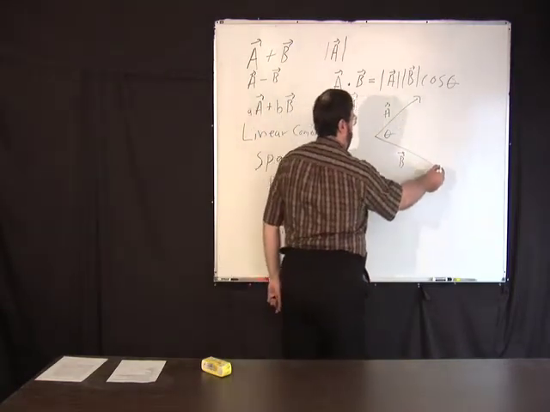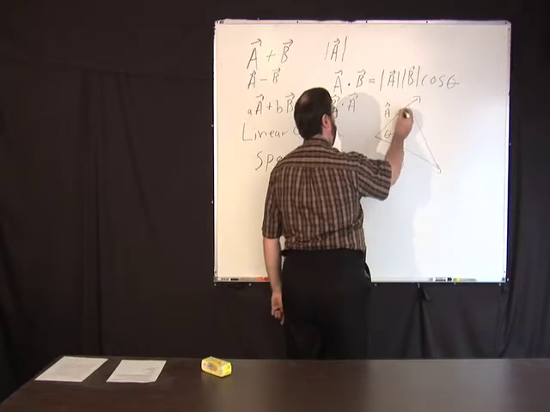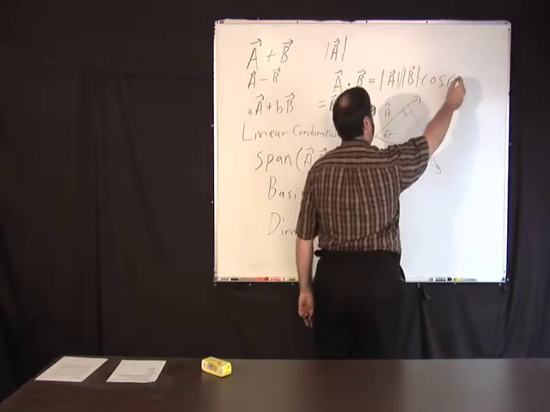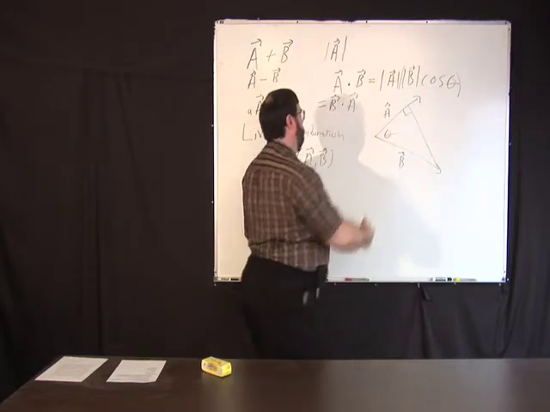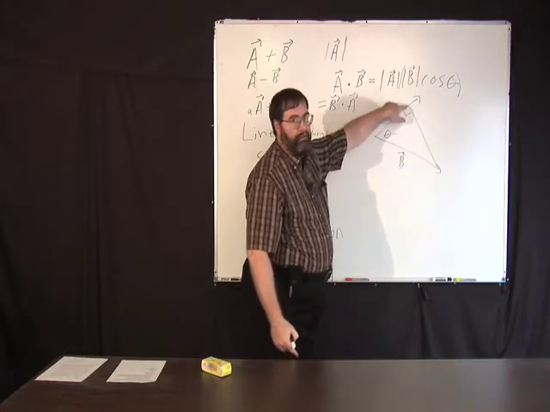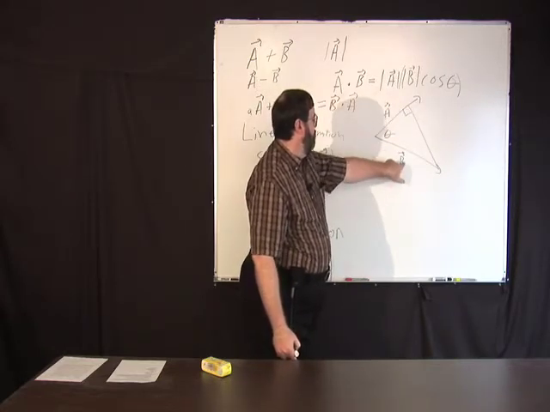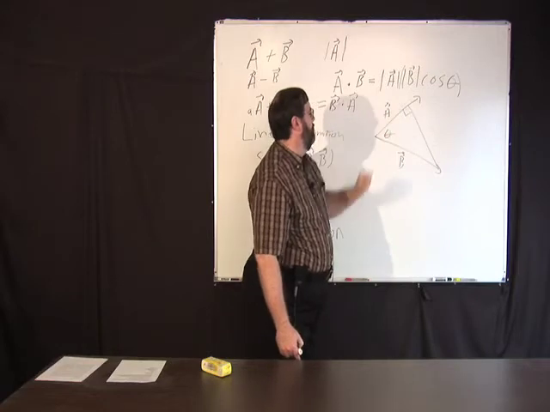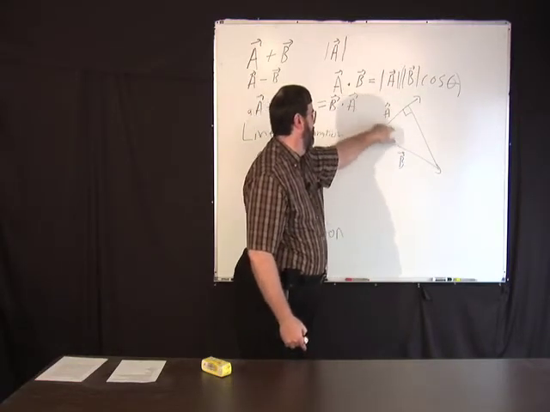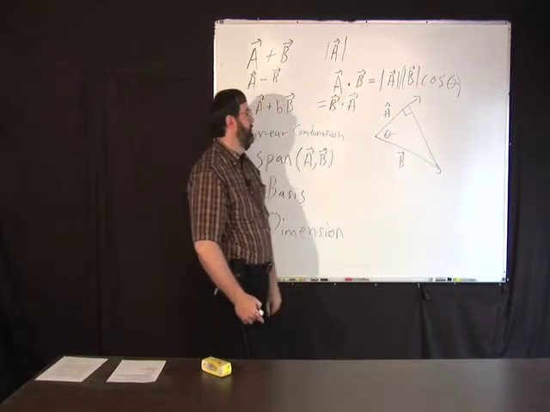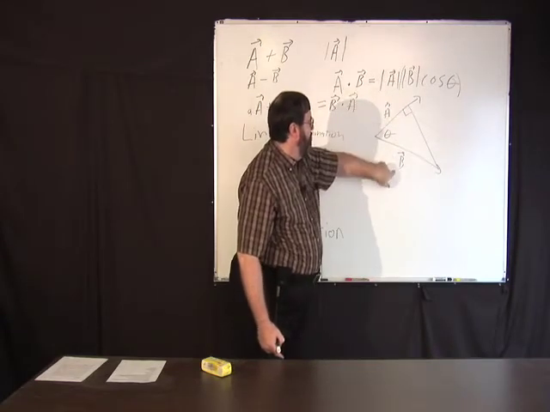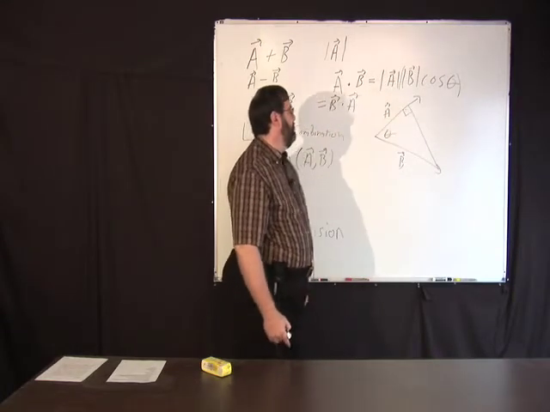Well, if you do a little geometry, this B cosine theta part here is the projection onto the first vector of its length, of this vector onto there. There's a right angle here. You could also group these two together, so it's the magnitude of B times the projection of A onto B. Projection just means as you drop a right angle, how much of this vector is along this vector. That's a projection.